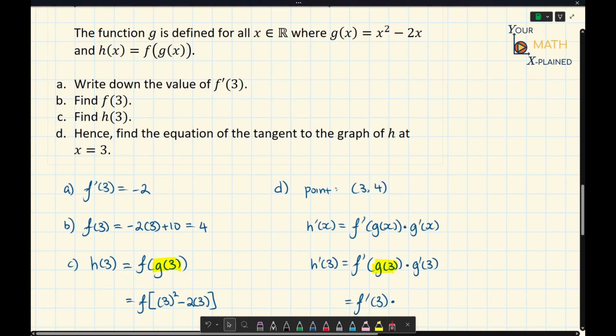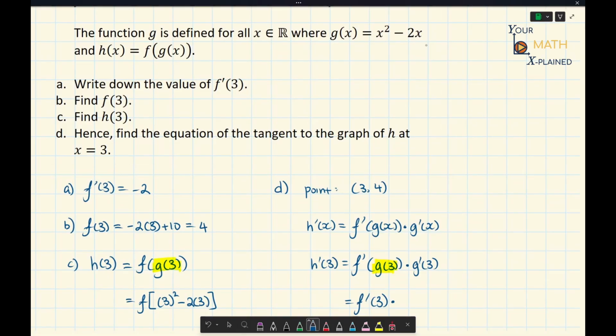So g of x here is x squared minus 2, which means on the side, let's go ahead and find g prime of x. Now, g prime of x is going to be equal to 2x minus 2, which means g prime of 3 is going to be 2 times 3 minus 2, which is equal to 4.